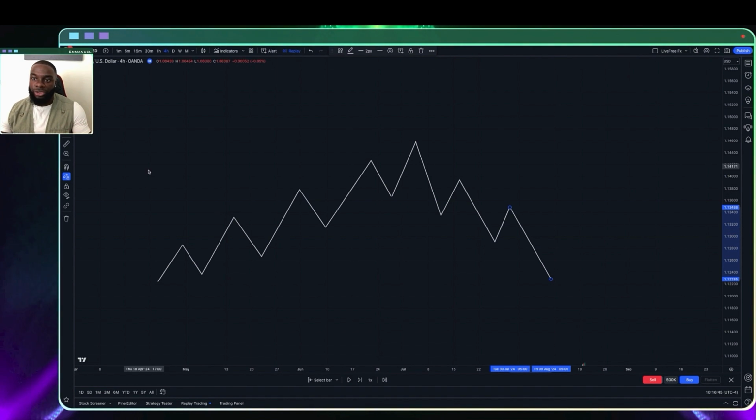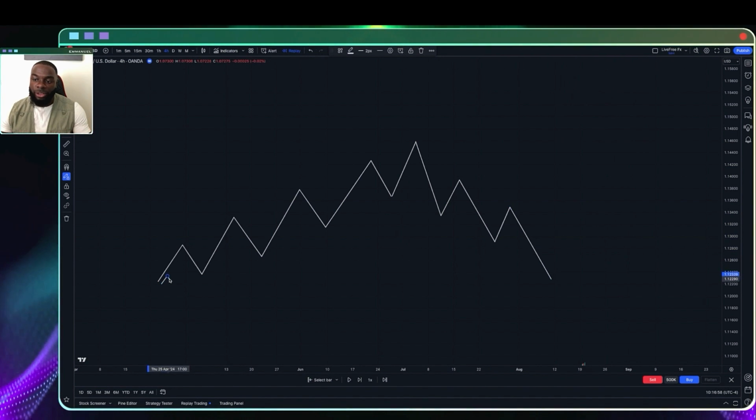And from a market structure standpoint, if you are looking at this from a higher time frame, maybe this is the daily time frame, right? What's going to happen as you scale down to the lower time frame is you're going to find smaller market structure in between these larger market structures as well.